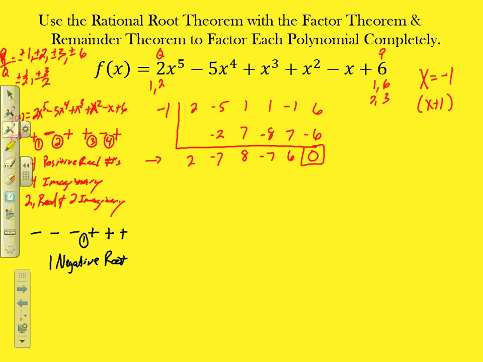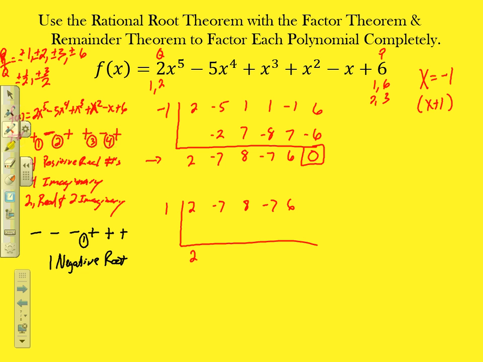So these would be the coefficients. I'm going to take those coefficients and drop them down into another synthetic division. Now the smallest positive number on our list, let's stick with the whole numbers first. I mean, we do have a couple of fractions, but let's stick with the whole numbers. Positive number is 1.